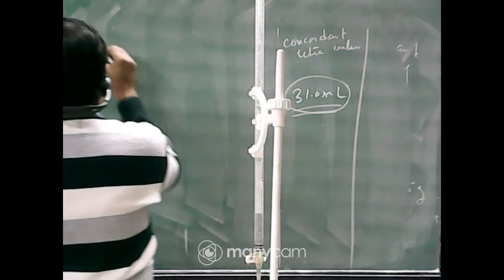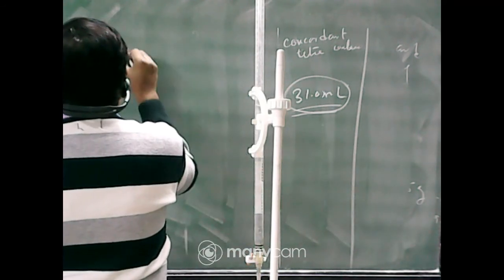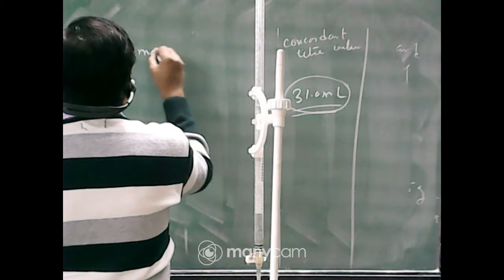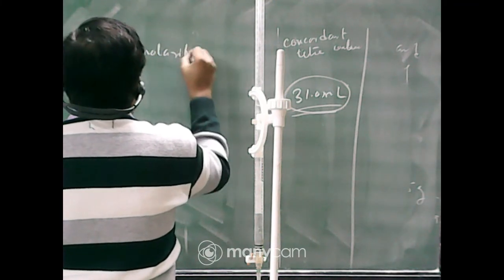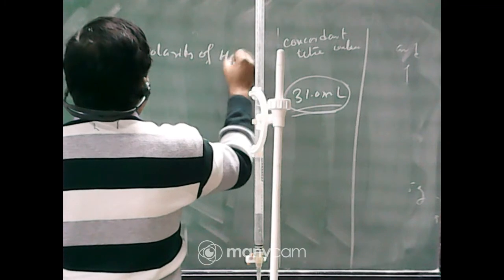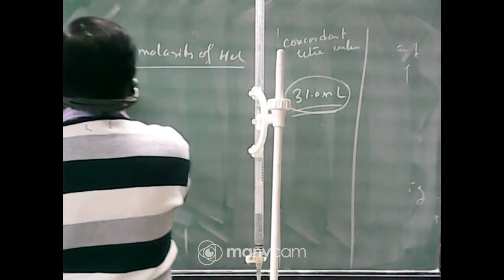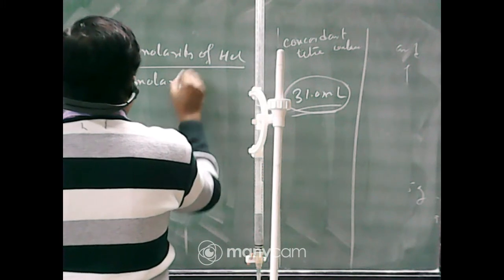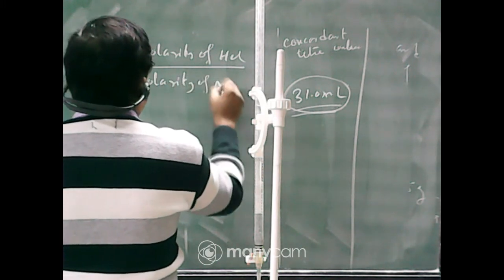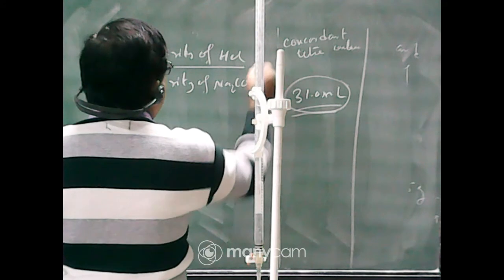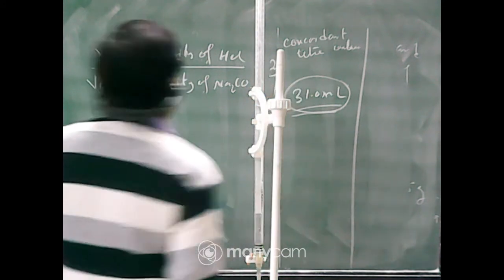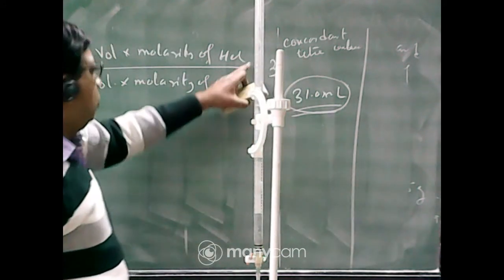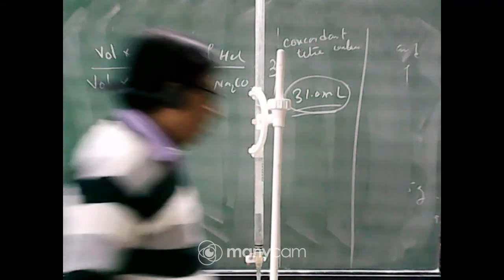So first write the formula: volume into molarity of HCl divided by volume into molarity of Na2CO3 equal to 2 by 1. Why 2 by 1? Because 2 mole HCl reacts with 1 mole sodium carbonate.